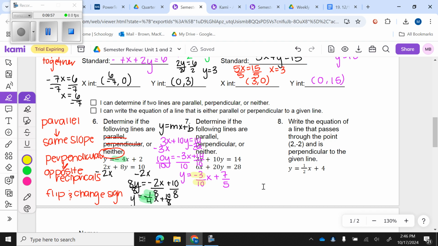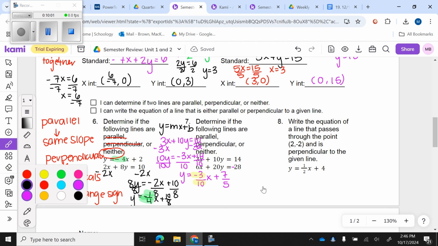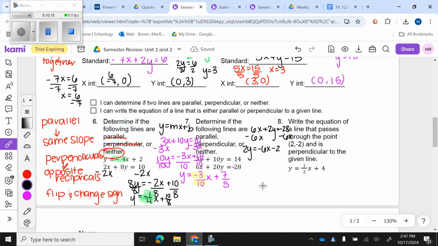To solve this one, I need you to be careful. I need you to add a negative in front of that 28. I've got 6x plus 20y equals negative 28. Again, I'm going to subtract 6x from both sides because I'm trying to get that y by itself. So I'm going to have 20y equals negative 6x minus 28. Sorry, this is a 20y, that's my fault.